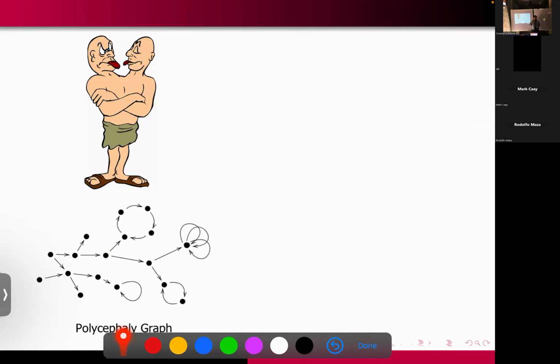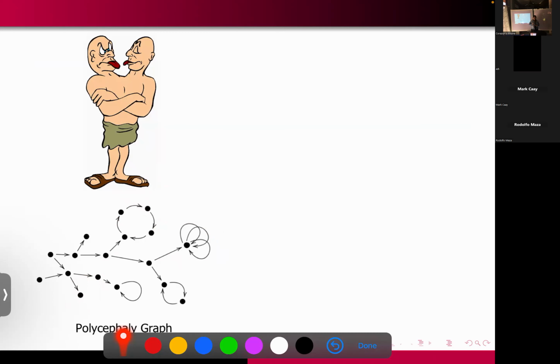What actually a polycephaly graph is, is a graph where every vertex or every path in your directed graph is either heading towards a cycle, an end petal loop, or a sink. A sink is a vertex that is not emitting anything. So that's essentially the definition of a polycephaly graph.